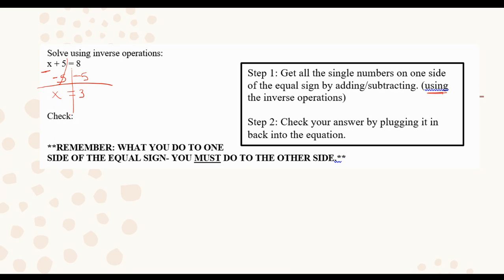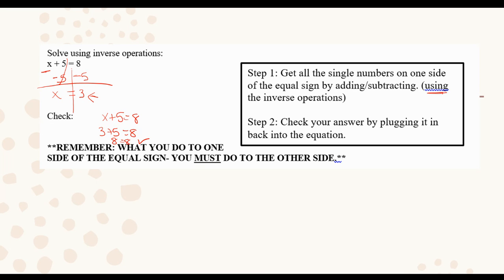To check your work, you take that answer and plug it back into your original equation. The original equation was x plus 5 equals 8. I plug in that 3. 3 plus 5 is 8. 8 equals 8. That is a true statement, so that equation is true.